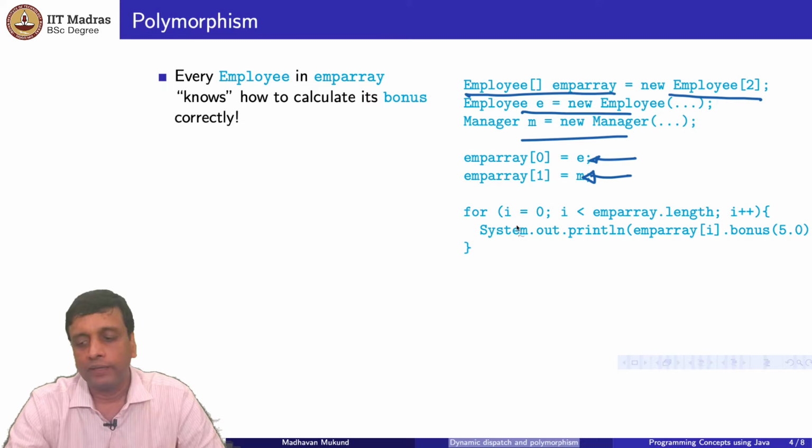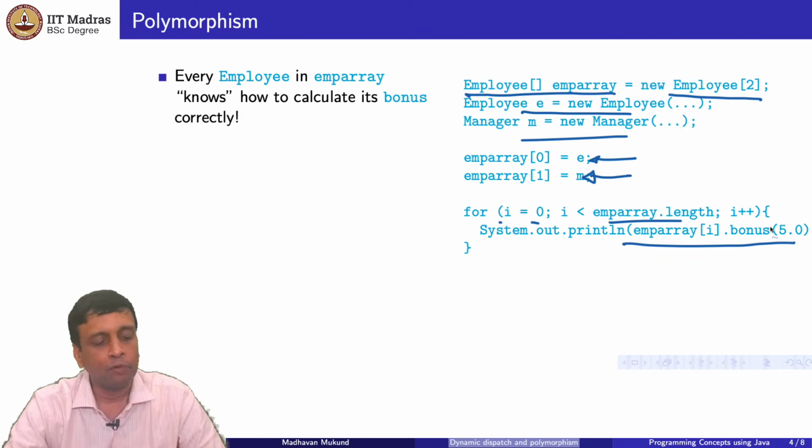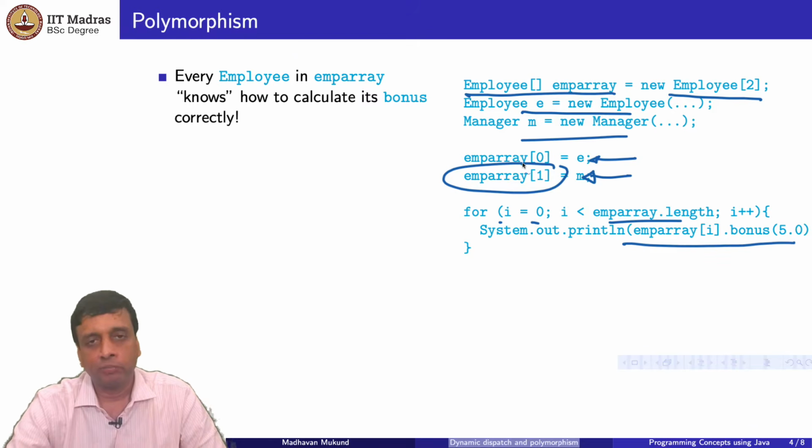Now I run a loop, right? I go from 0 to 1, and I print out the bonus for that employee given a 5% bonus. What will happen here is, because of dynamic dispatch, at runtime for array 1, it will pick up the manager bonus.